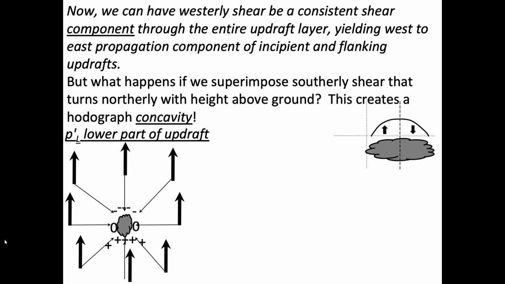So in the lower part of the updraft, we're only going to look at the component of the shear that varies from the low levels to the high levels across the consistent shear direction within the convective layer. Again, consistent shear direction is out of the west, that chord from the low levels to the high levels, that's consistent in direction in every single tangent within the hodograph.